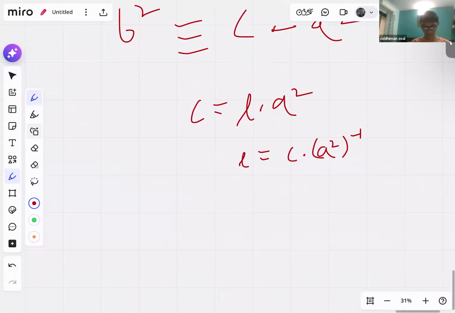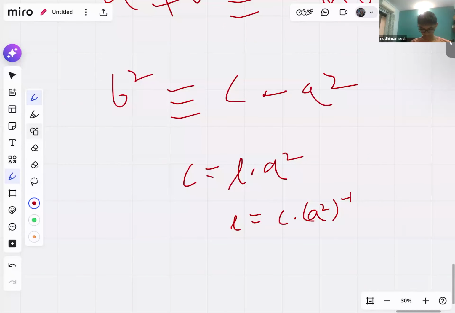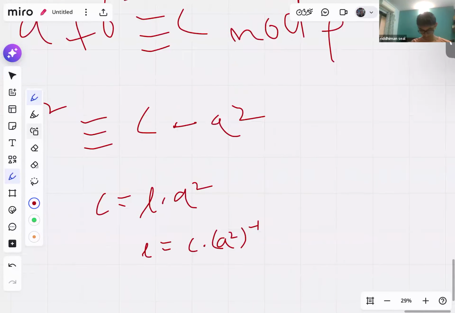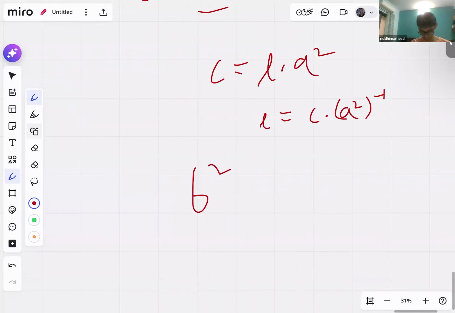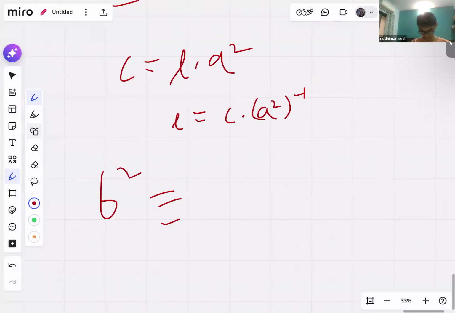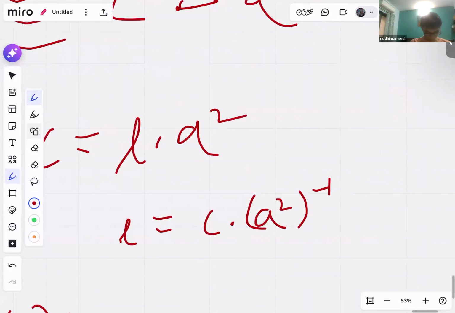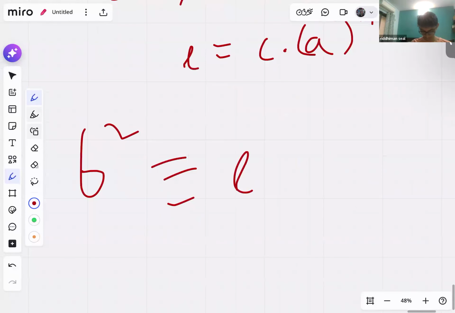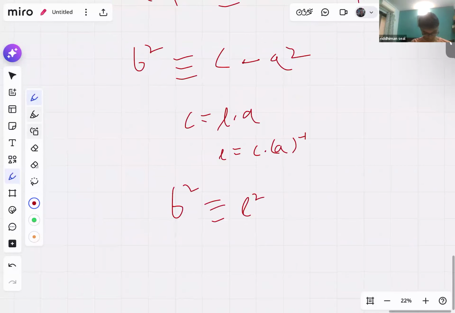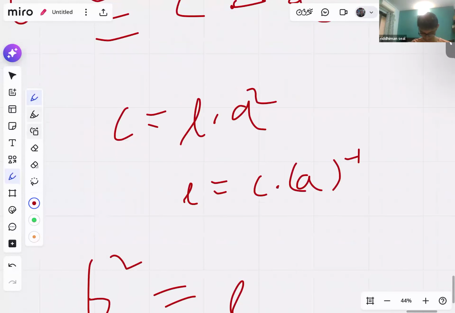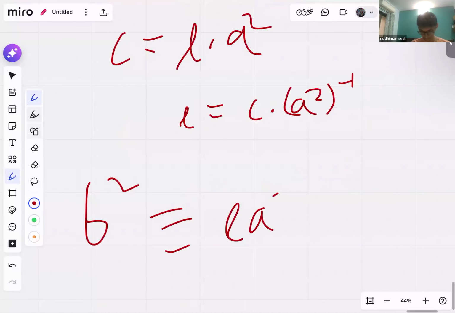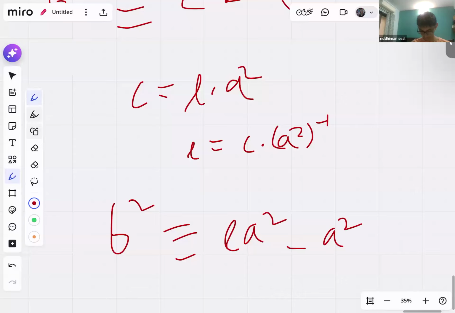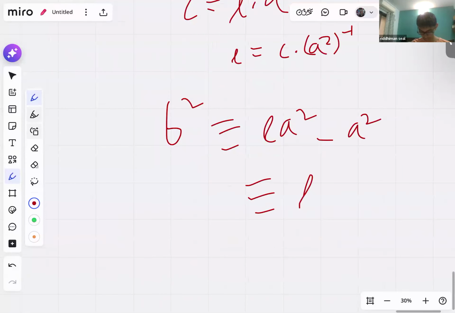So you can just take A squared, multiply some L and you will get C. So from this we get B squared congruent to L into A squared minus A squared, which is just L minus 1 into A squared.